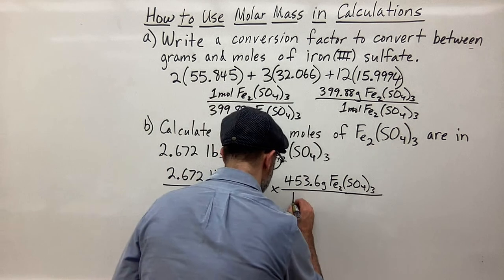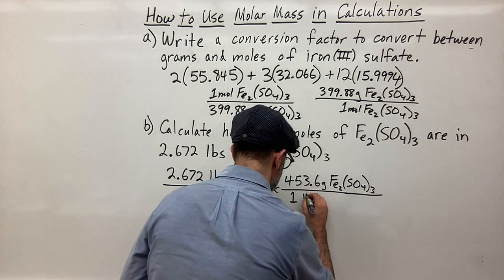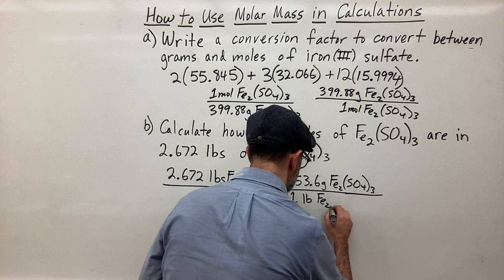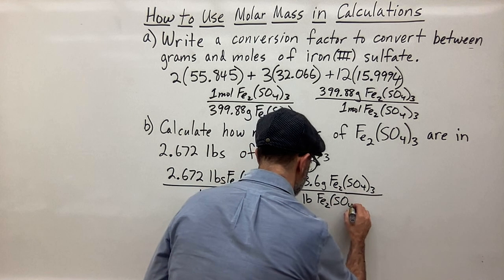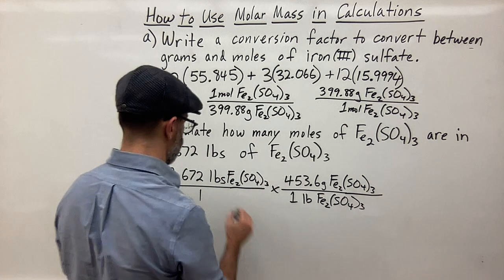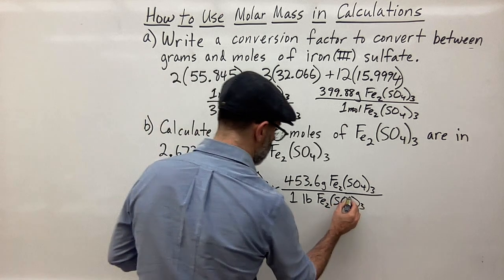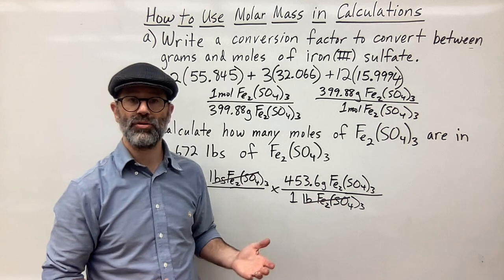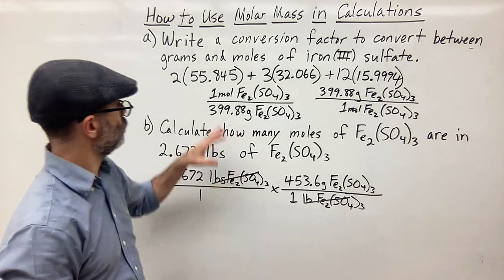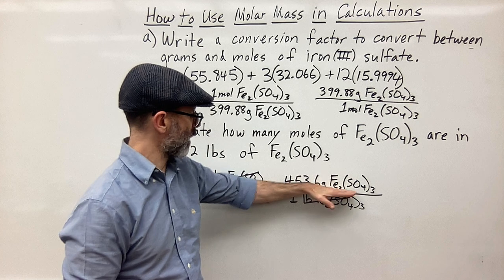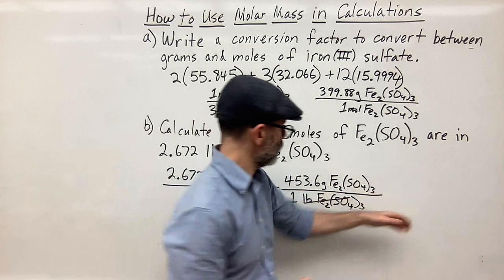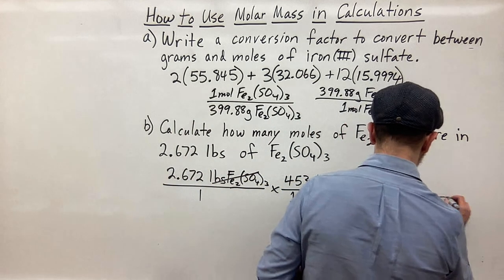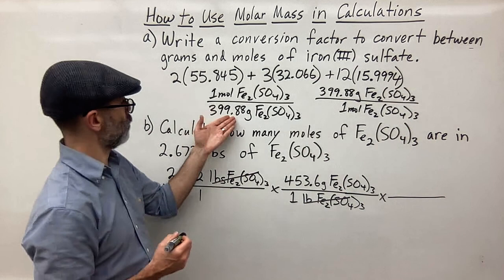And then on the bottom, I have 1 pound of Fe2(SO4)3. So the pounds cancel out. Now I have grams. Now I can use the molar mass. So I use my molar mass. Notice I have grams on top. For my next conversion, if I'm going to use molar mass, I'm going to have to put the grams on the bottom. So here I have grams on the bottom.